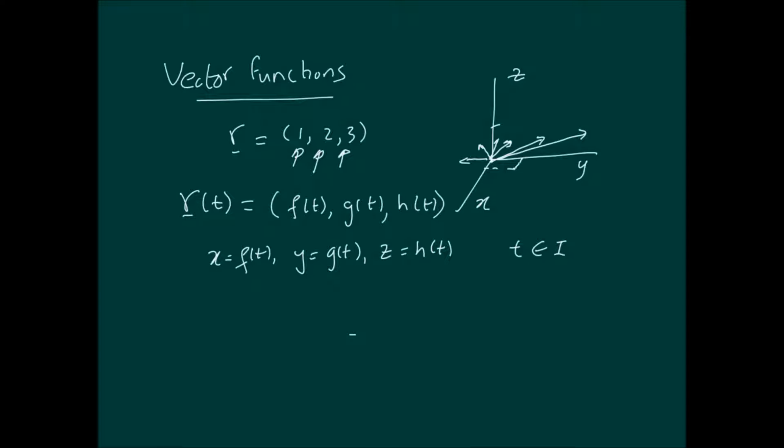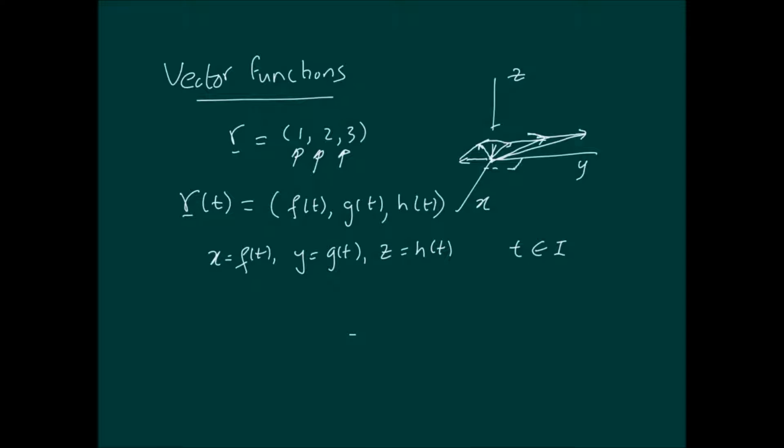Now one thing to note is that if you were to connect the tips of all these vectors, you would get a curve, a path. Imagine a particle, where each position vector represents the position of the particle, and as it moves through space, a new position vector indicates its next position.